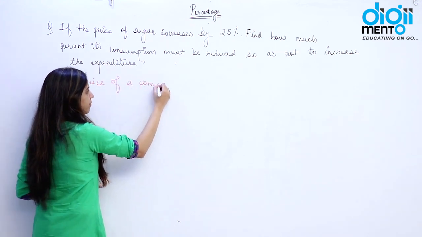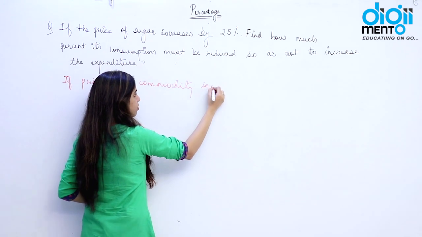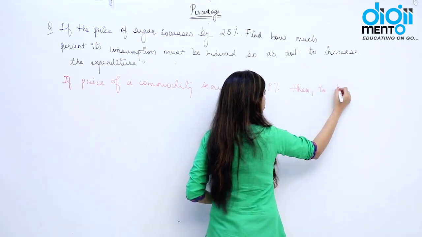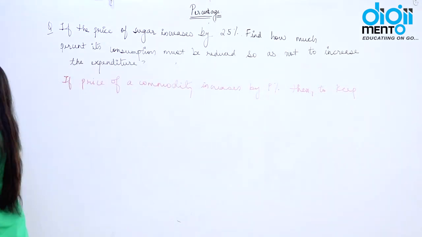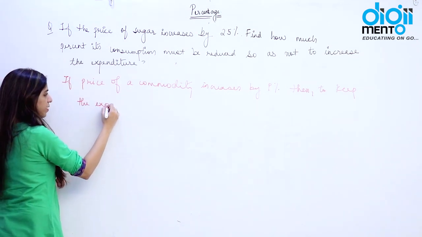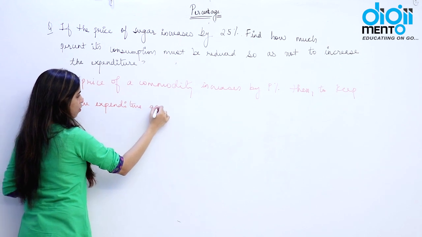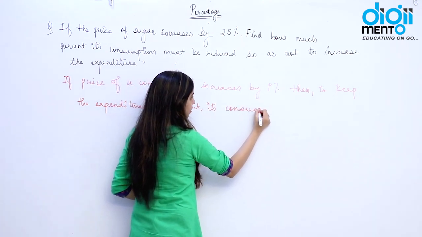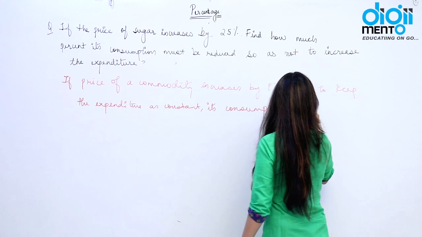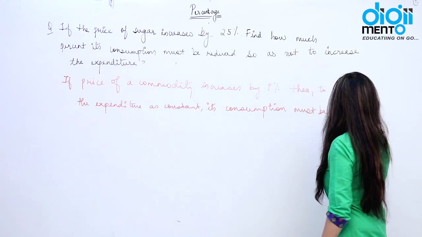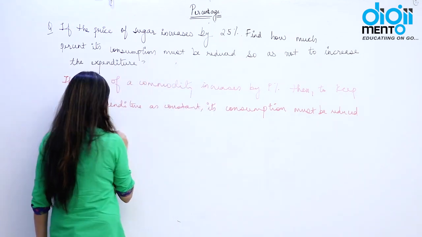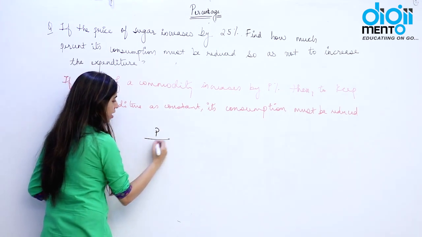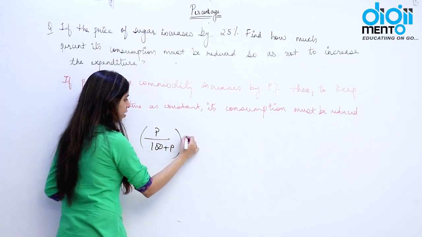If the price of a commodity increases by P percent, then to keep the expenditure constant, its consumption must be reduced by P upon 100 plus P into 100%.